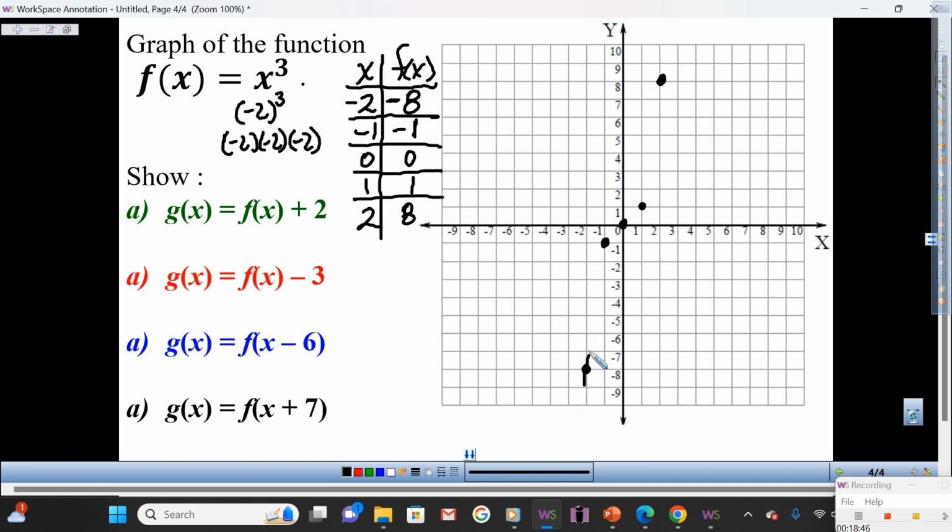Start down here. Connect to that next point. Go through the origin to the other point. Through that last point. And arrows at the end. And we're going to label this what? f of x. All right. There it is.